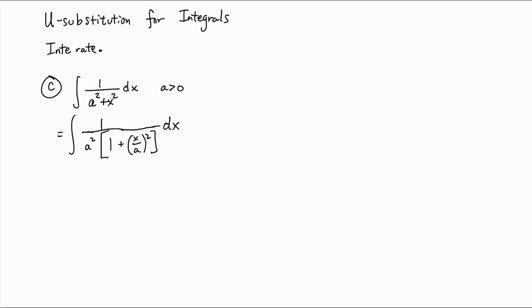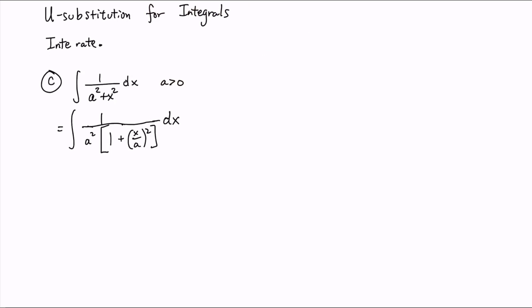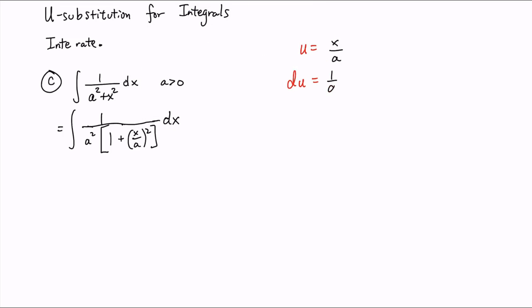Gorgeous. We're ready for our u sub. Let's let u equal x over a. Let's find our differentials. Differential du is now equal to 1 over a.